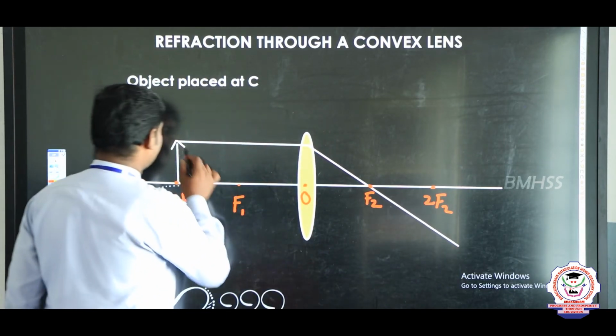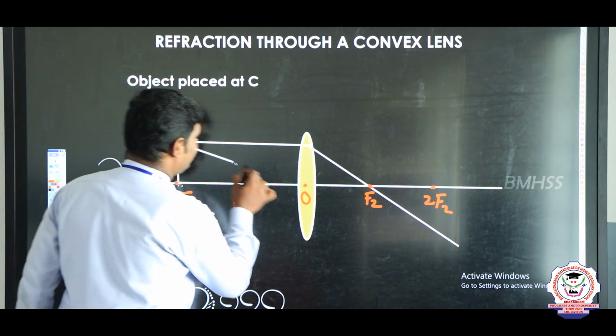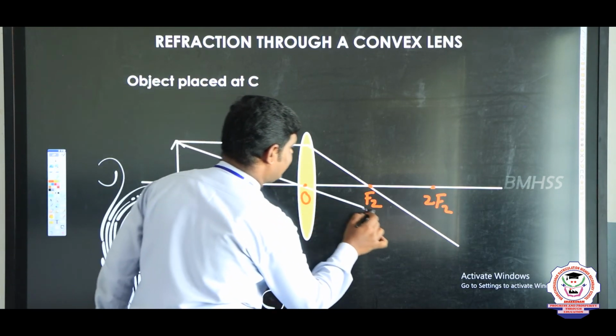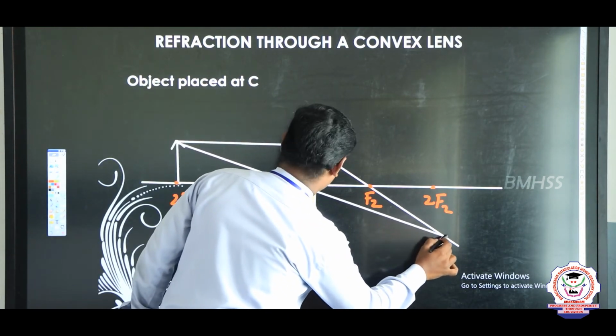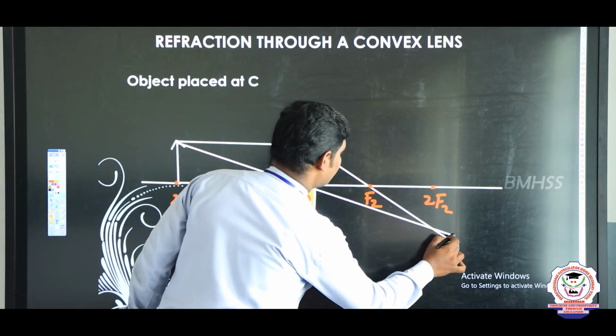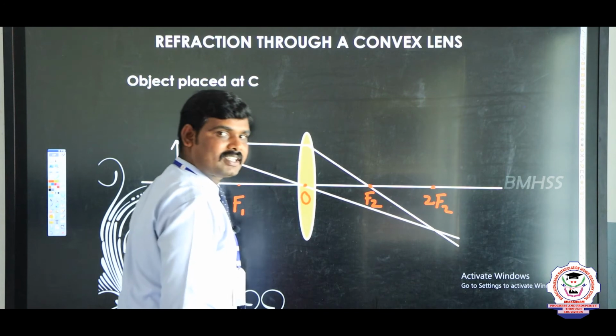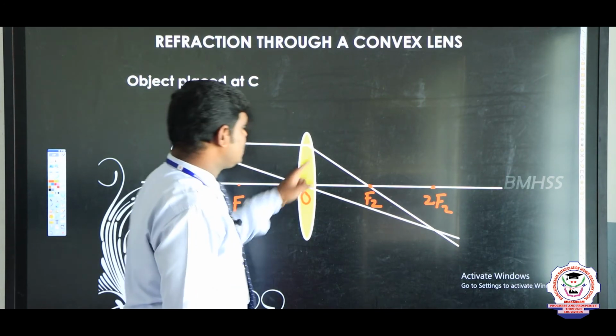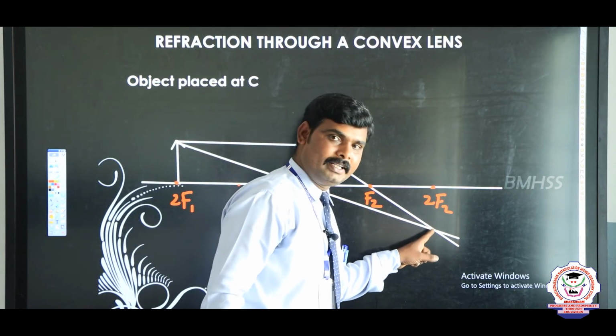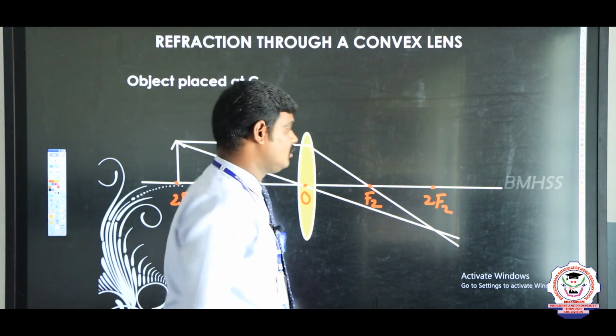The second line passes through the optic center, where there is no reflection and no refraction. These two lines meet at one point, and at this point the image will be formed.